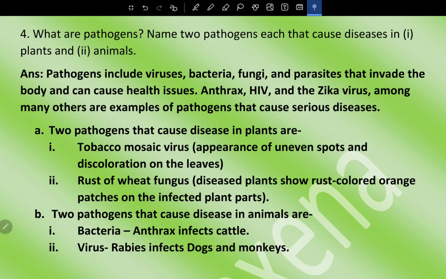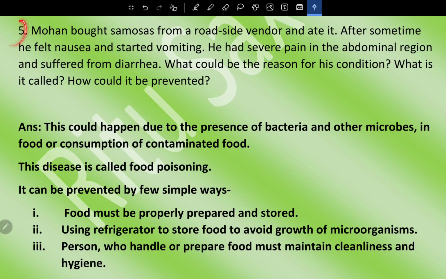Question 5, Mohan bought samosas from a roadside vendor and ate them. After some time, he felt nausea and started vomiting. He had severe pain in the abdominal region and suffered from diarrhea. What could be the reason for this condition? What is it called? How could it be prevented?